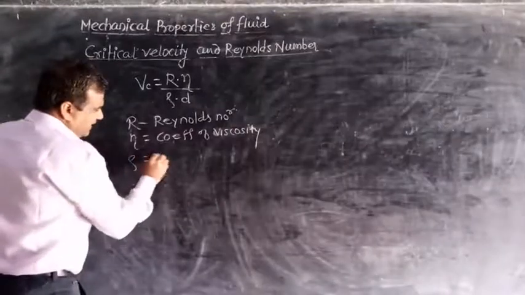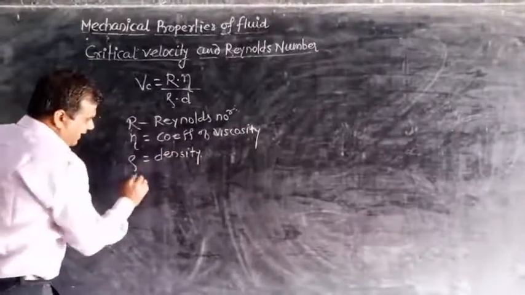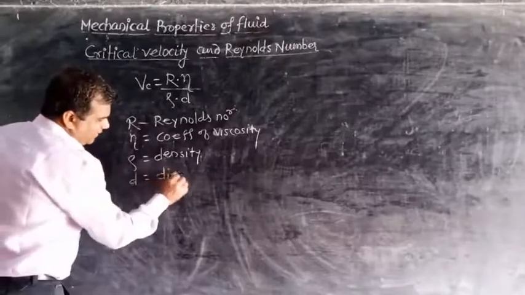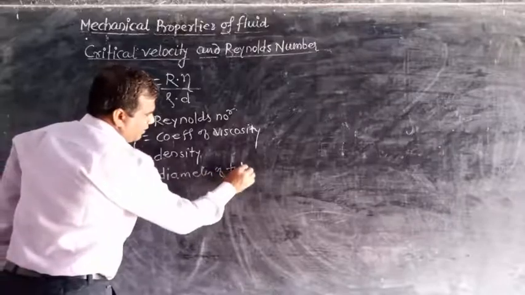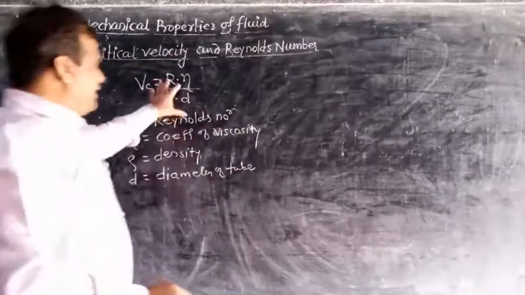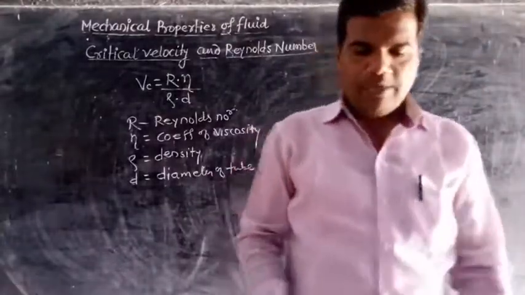And d is the diameter of the tube, and in this way we can determine the critical velocity of flow of liquid.